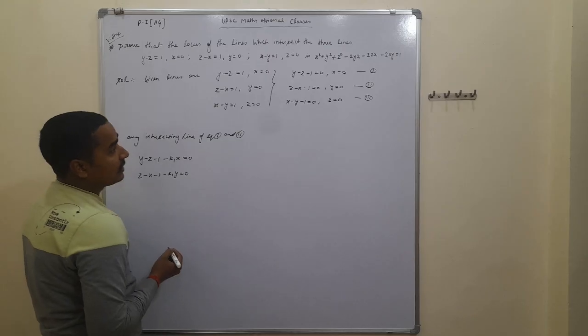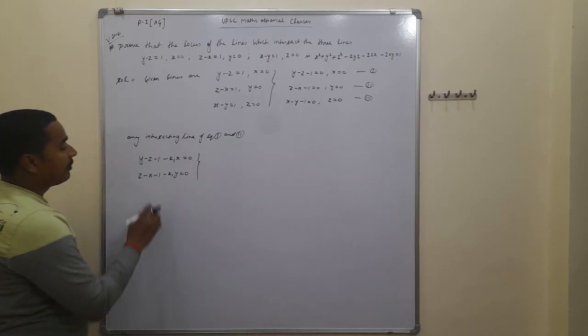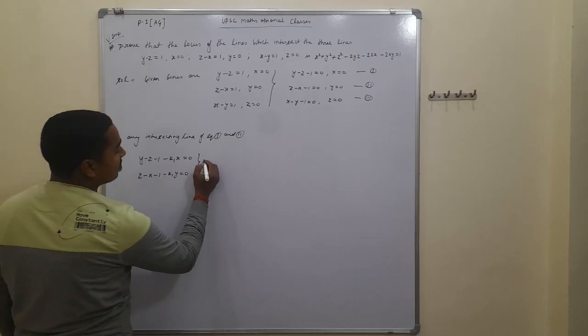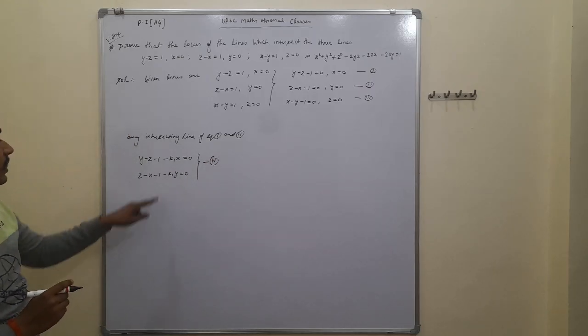This is the intersecting line of the equations. Further, let this be equation 4, and we have to find the values of k1 and k2.